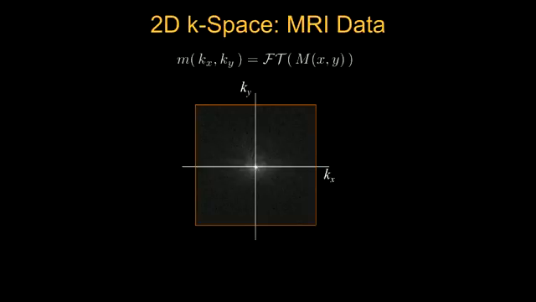Okay. Again, this is your k-space data. And k-space data is basically the Fourier transform of your image information. And this x is not directly related to k location.